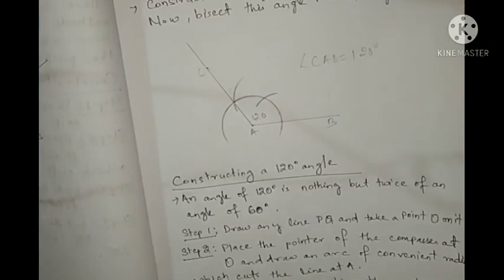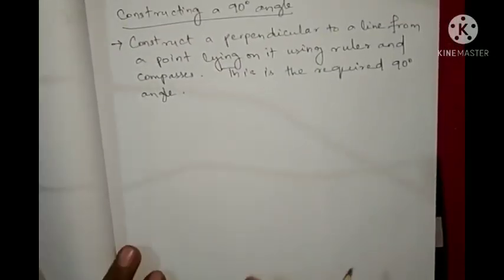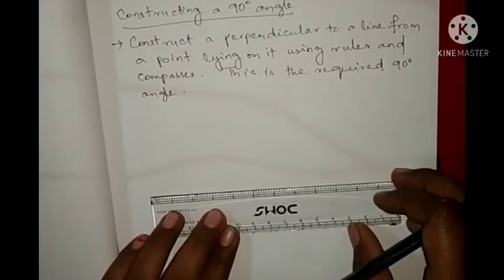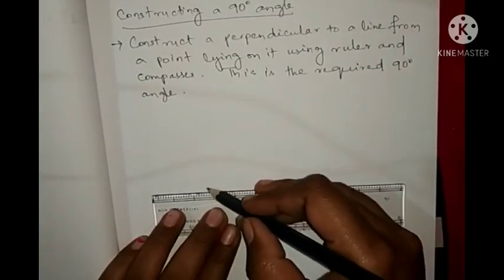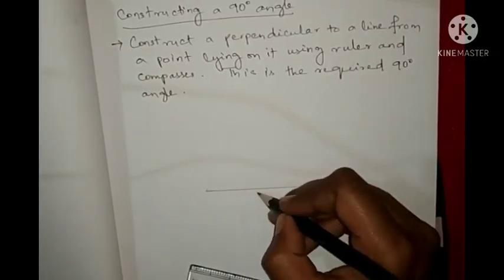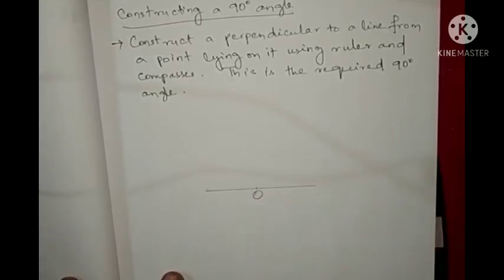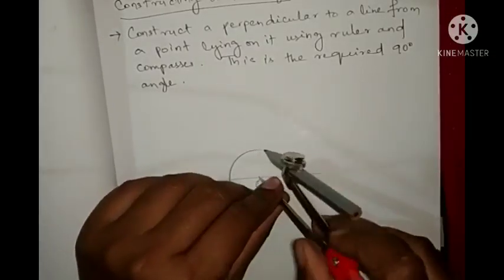Next is 90 degree. How can we make 90 degree? You have seen we have made the perpendicular with the help of ruler and compass. Like that we can easily make 90 degree. Take a line, take a point O. Then make a half circle which will cut the line.